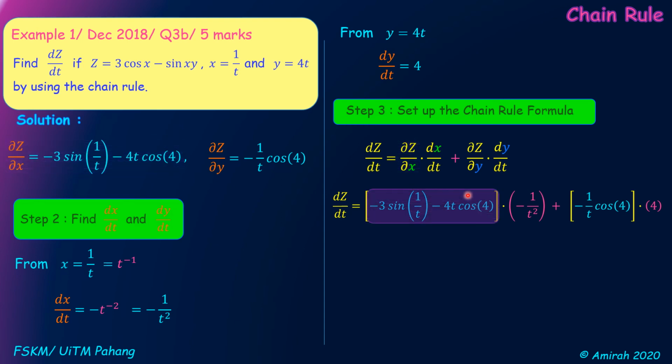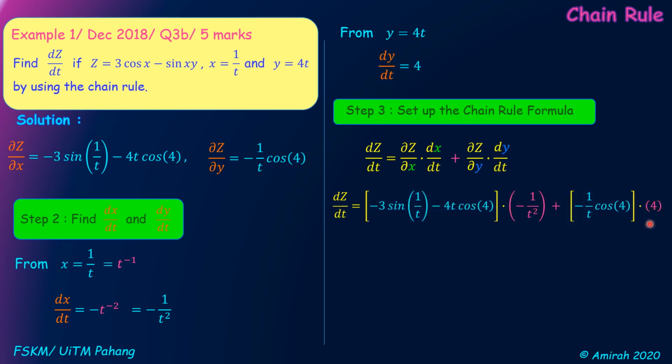And then we replace dx over dt equals negative 1 over t squared or negative t to the power of negative 2. And then plus we replace del z over del y equals negative 1 over t cos 4. And then we replace dy over dt equals 4.